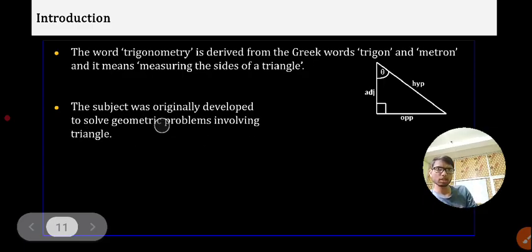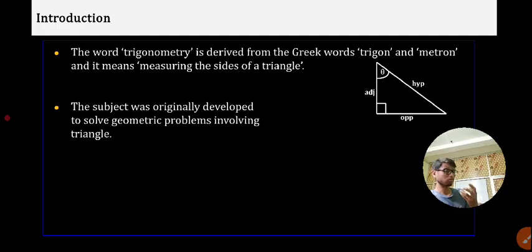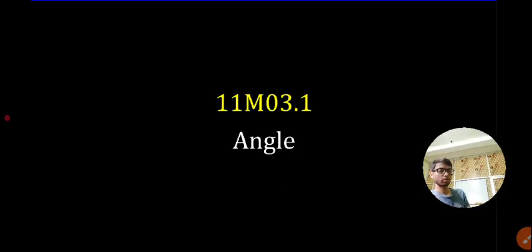This subject was originally developed to solve geometric problems. It is a study because we can solve problems, that's why it is related to geometry.